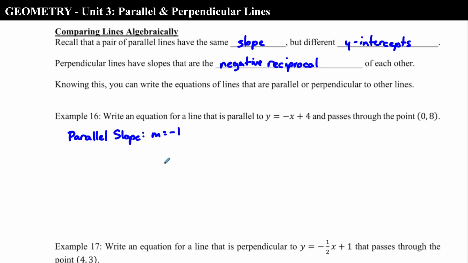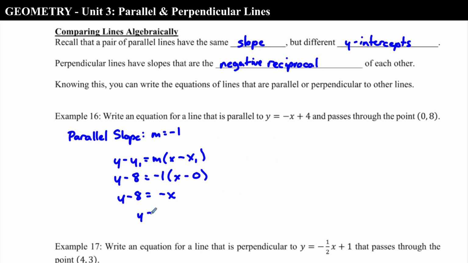Or so you think. Let's do that first, okay? y minus y1 equals m times x minus x1. Well, y1 is going to be 8. Our slope is -1. We have x minus, and our x1 is 0. So we end up with y minus 8 equals negative x, so y equals negative x plus 8.